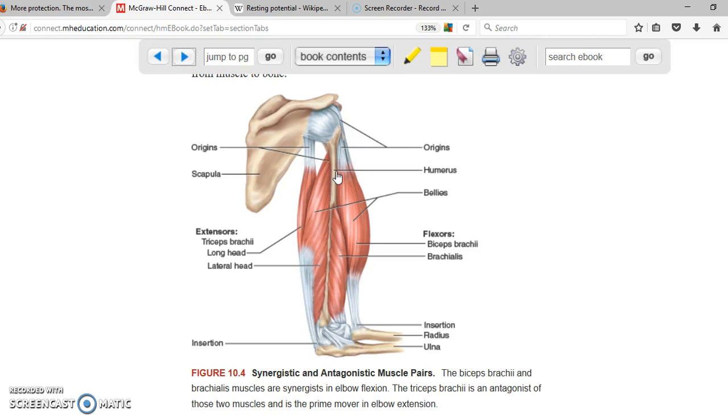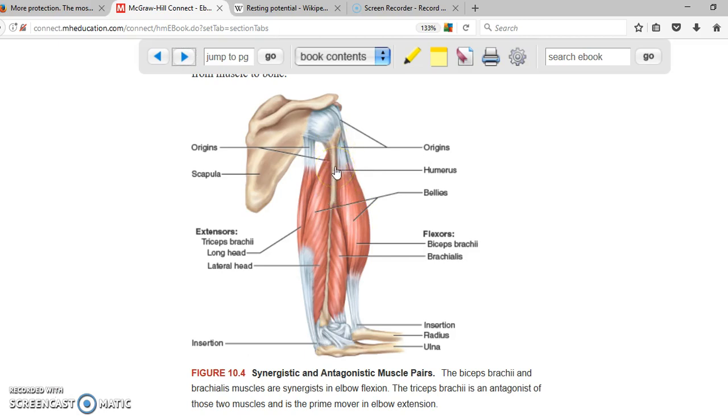Smooth muscle you find, for example, in your hollow organs, such as your stomach. Cardiac muscle is found in your heart. Obviously neither of these two is attached to bones, and we're going to talk about those later on. The ones we are focusing on now are called skeletal muscles because they are all attached to your skeleton.